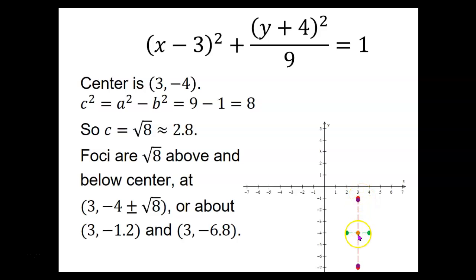So there's one at the point where x is 3 and y is negative 4 plus the square root of 8, which is around negative 1.2. And there's another focus down here at the point where x is 3 and y is negative 4 minus the square root of 8, which is approximately negative 6.8.